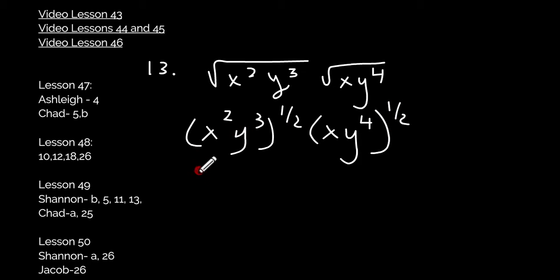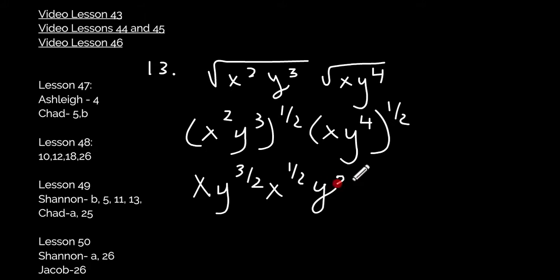We're going to multiply our exponents, so it's x, y to the 3/2, x to the 1/2, y, the 2 goes into the 4 2 times, so it's going to be 2. Then we're going to add up the exponents that are on the variables, and we will get x to the 3/2, y to the 7 halves. All right, 13 is done.